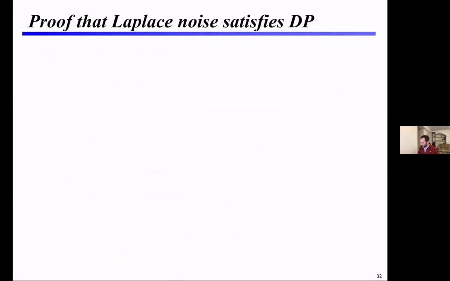Okay, so with that in mind, let's try and understand why the Laplace mechanism satisfies differential privacy. So again, what's our mechanism? Just to remind us, we're given f. We've got this quantity, the global sensitivity of f, which is the sup over x and x prime neighbors of the L1 difference between f of x and f of x prime.